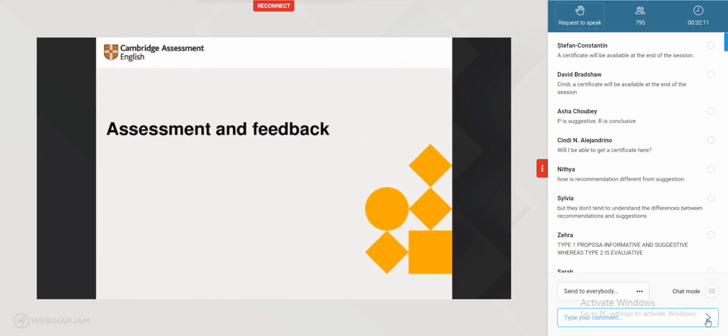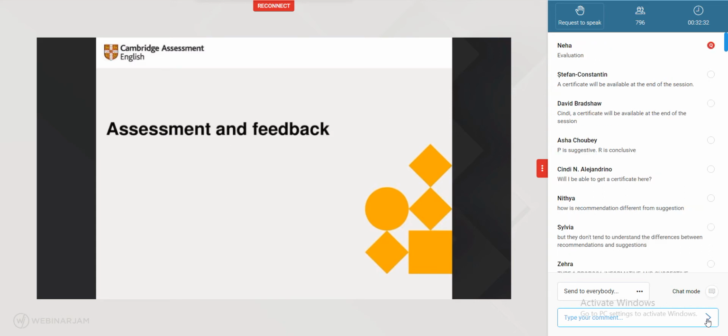Okay. So assessment and feedback, both very important. Obviously assessment, kind of working for the company that we do, but feedback, and I think a lot of people said earlier that feedback definitely helps learners improve their writing. And I think at C1 level, your feedback can be more detailed, perhaps more granular.